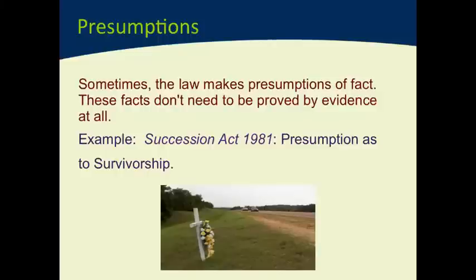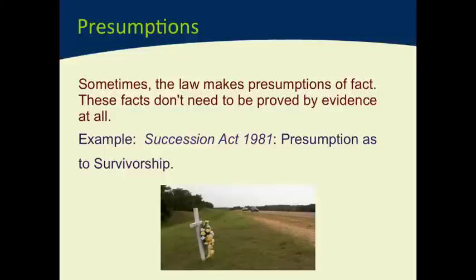We call it the presumption as to survivorship, and the presumption is that the older person died first. The law doesn't actually care whether the older person died first or not. What the law needs is a way to resolve the problem so that we can get on with working out who owns the house. The way that the law resolves that problem is to apply a presumption. Now, presumptions are usually rebuttable.